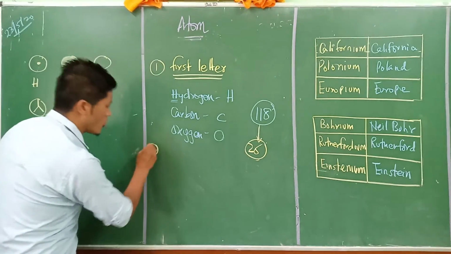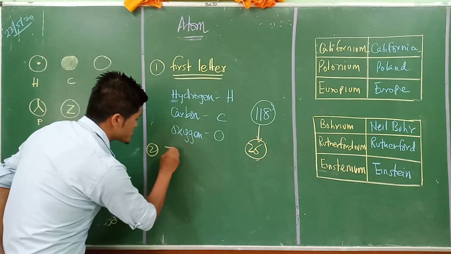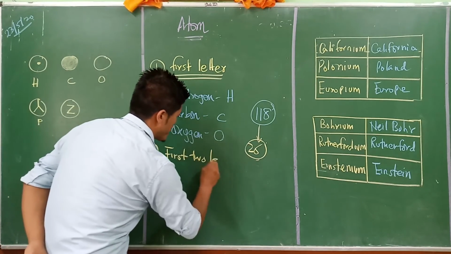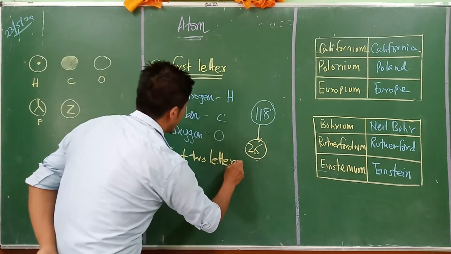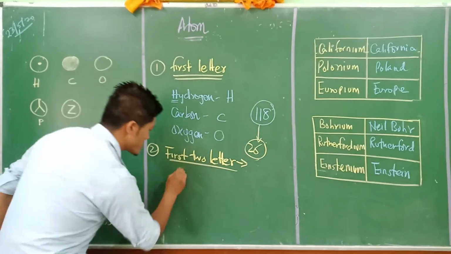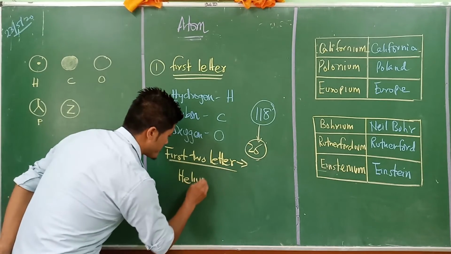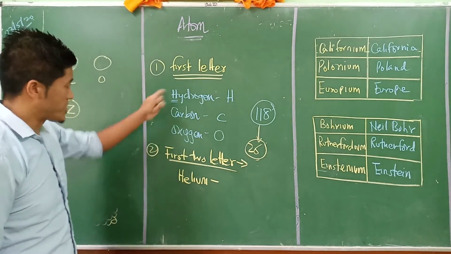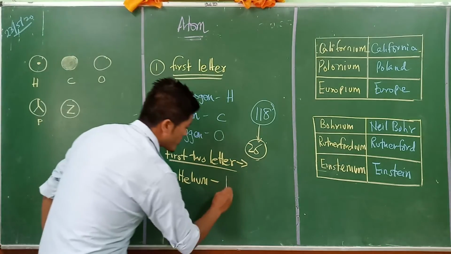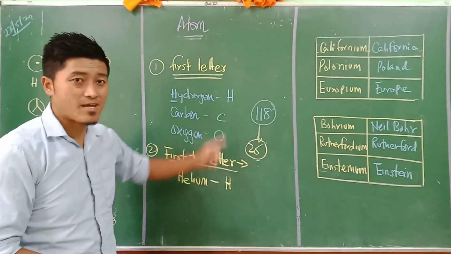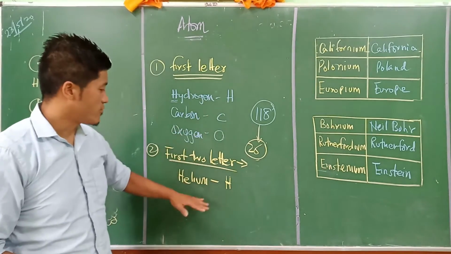So the second rule was the first two letters. For example, in the case of helium, if we go for the first rule and write H, that is a repetition of hydrogen, because we are already using H for hydrogen.